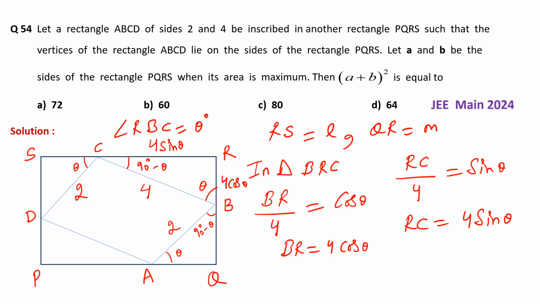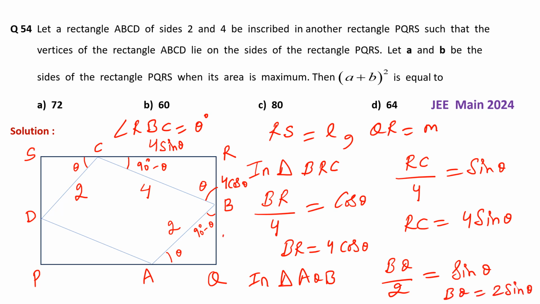Now we move to the triangle AQB. In triangle AQB, using trigonometry again, I can write BQ upon AB, which is 2, equal to sin theta. So from here we get BQ equal to 2 sin theta.